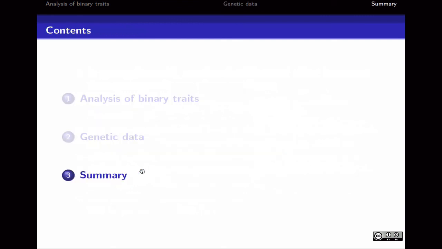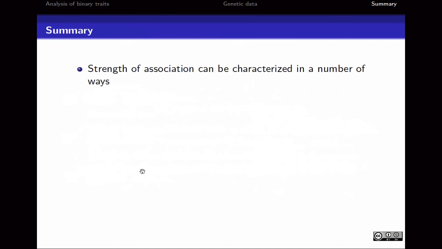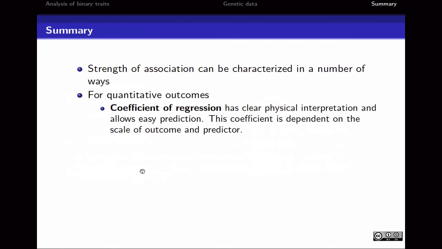Okay, I'm going to make a summary both for binary and quantitative traits. Few things to keep in mind. Well, from the previous presentation, you should remember that one of my major points was that strength of association can be characterized in a number of ways which are essentially complementary.